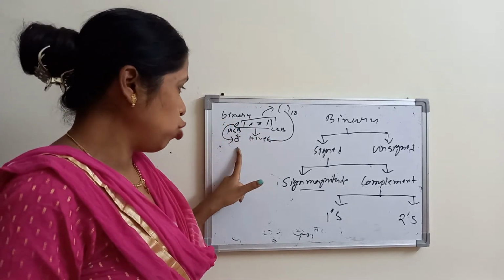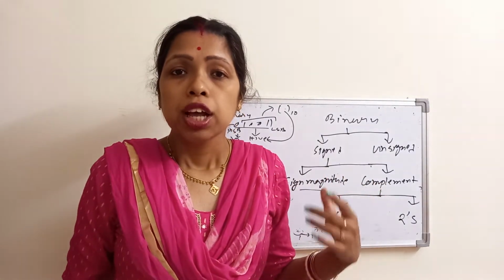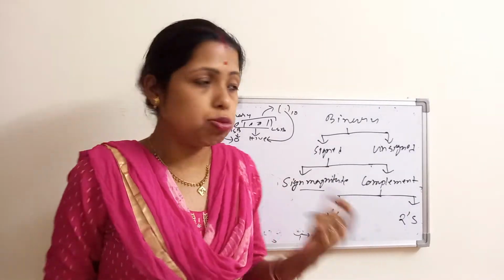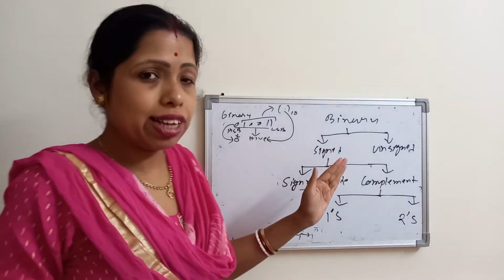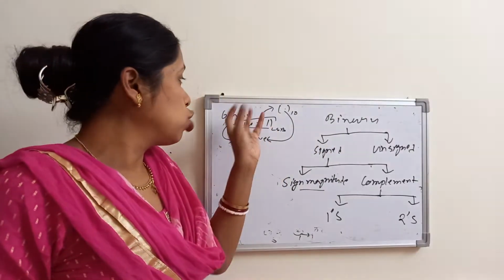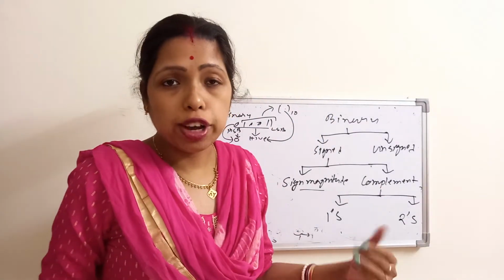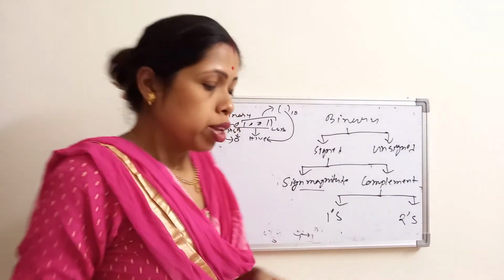If the MSB is 0, you have to understand that the number is positive. To calculate the magnitude, I remove the MSB, consider the other bits, and convert them into decimal to get the magnitude of the corresponding positive number.